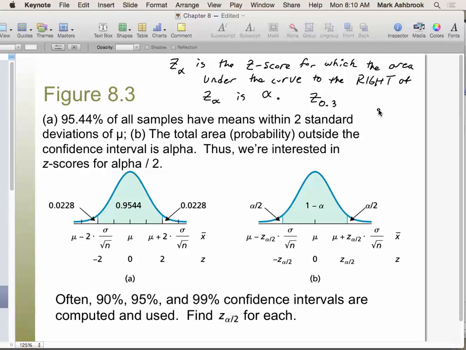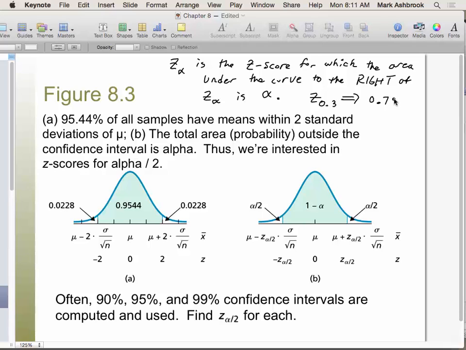So where are you going to look in the table to find this Z-score? You're going to use the table backwards, right? What number in the table are you going to look at? 0.7.